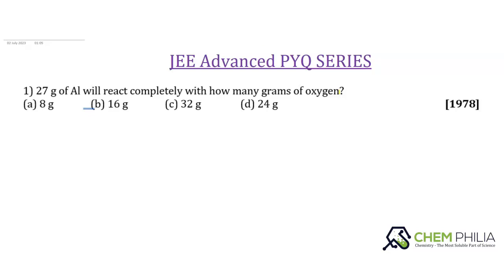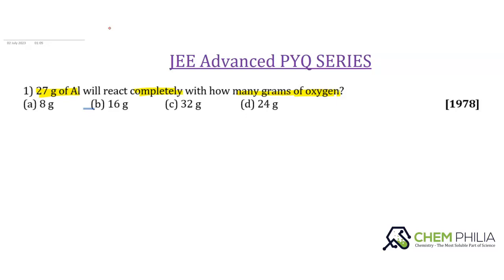So the first question, 27 gram of aluminium will react completely with how many grams of oxygen, right? The options are given. So how to solve this question? Let us see. First, this is a question from stoichiometry.